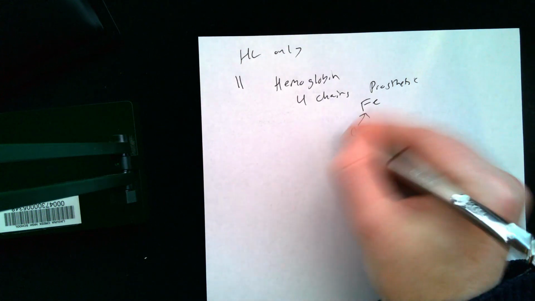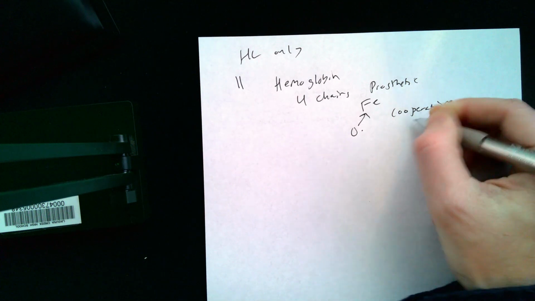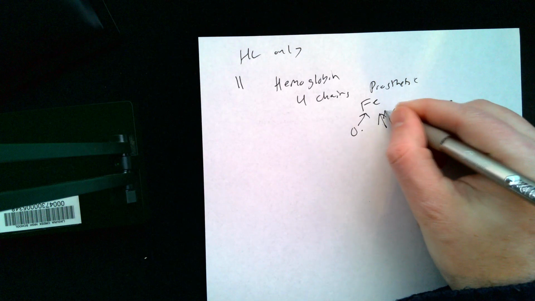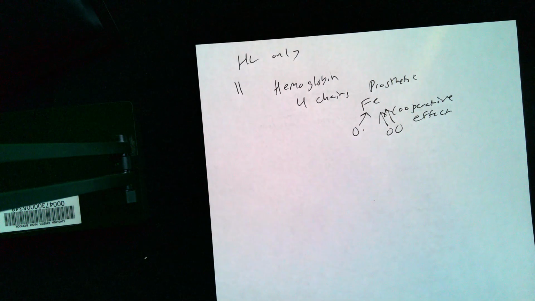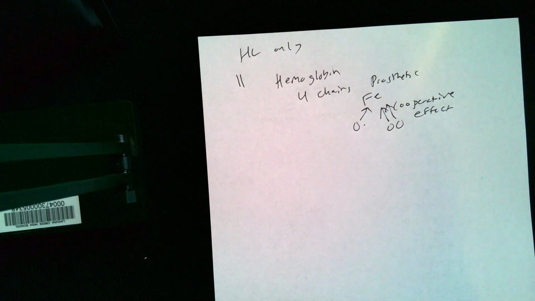Also, when it binds the first one, it induces what's called a cooperative effect, and it allows it to bind even more. And so it allows it to bind lots and lots of oxygen through the cooperative effect. That is 2 of the adaptations.